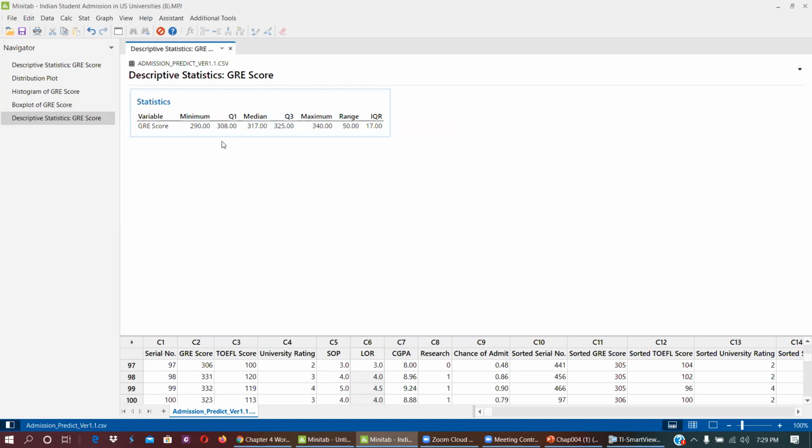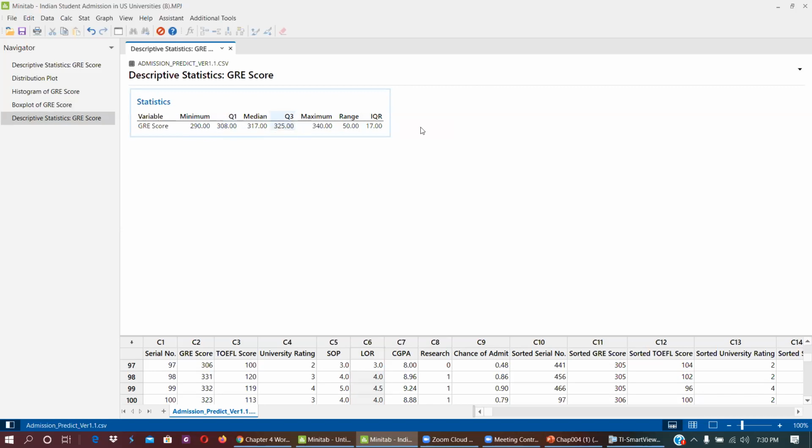Now look into that. The middle 50% data is between 308 and 325. That means the difference between 308 and 325 is 17. The lowest 25% of data is in the 290 to 308 range.